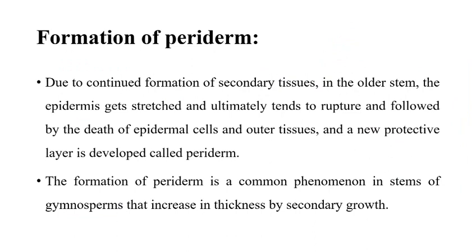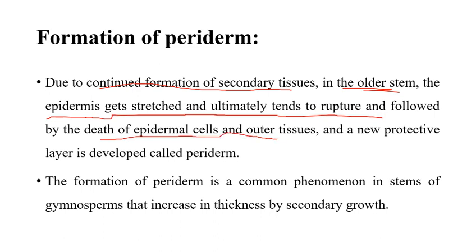Then formation of periderm. What is periderm? Due to continued formation of secondary tissue in the older stem, the epidermis gets stretched and ultimately tends to rupture, followed by death of epidermal cells and the outer tissue, and a new protective layer is developed called periderm.